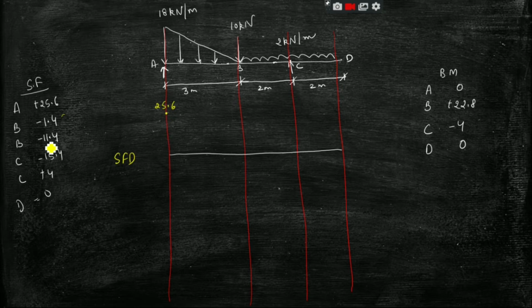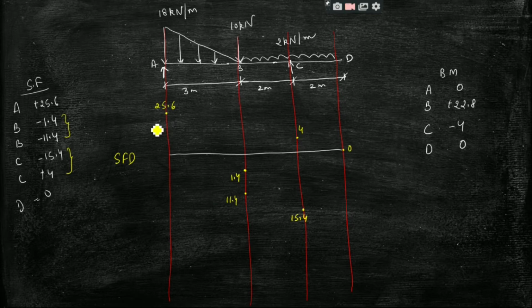So below B I will draw one value 1.4 and another value 11.4, both on the downward side. Then at C we have two values again, minus 15.4 and then positive 4, so upward, right? And at D we have 0.